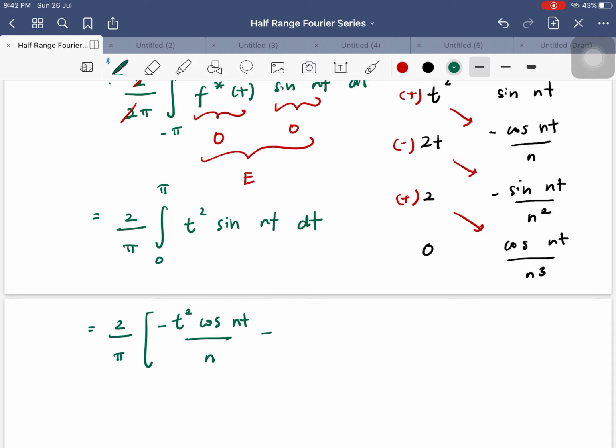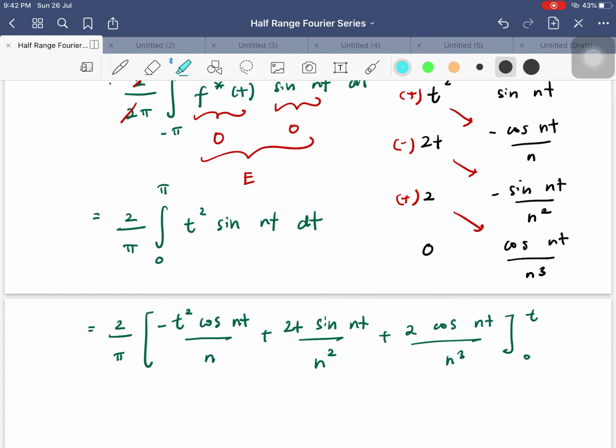And then I'm going to have plus 2t sine of nt over n squared. And the last one is going to be positive 2 cos of nt over n cube. And this is going to be evaluated from 0 until t. So where the substitution is going to be done, so here, here, here, here, and here.